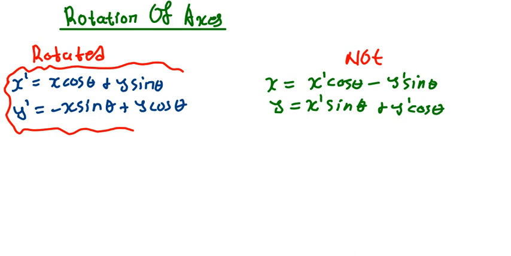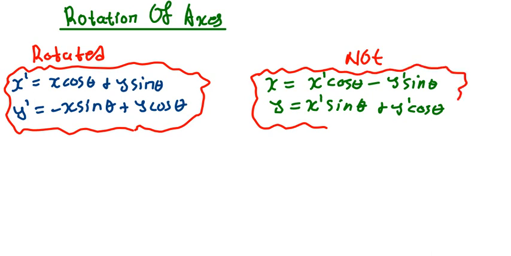So the thing is, you just have to know to say, is the general equation that I have rotated or is it not rotated? In the question they would tell you. But if it's silent, take it as if it's not rotated, then use these ones. Sometimes they would specify that it's rotated, and even the way they write the general equation would tell you.